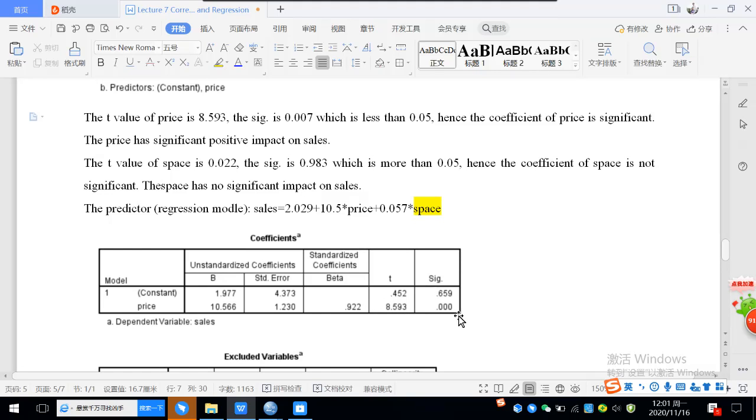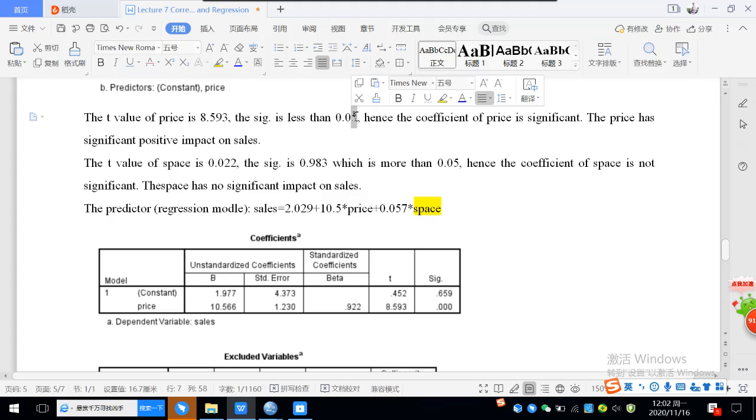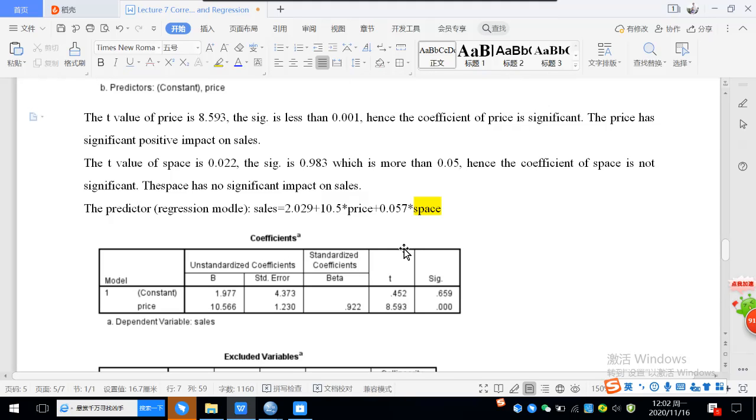The significance is less than 0.001. Hence, the coefficient of price is very significant, right?